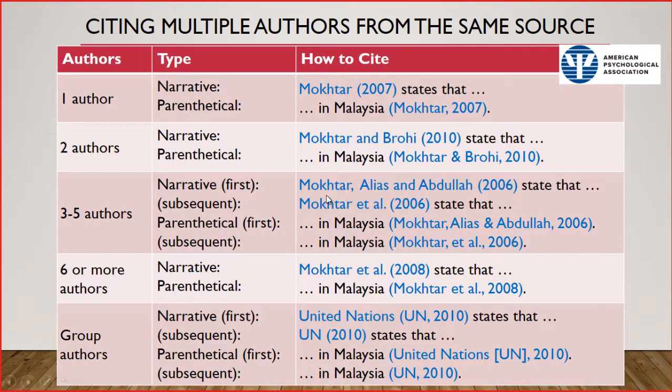Okay, now, that is the first time, the first occurrence when you use it in your article. But if you have used that one, and suddenly in a later paragraph you want to use the same article again in a different part of your writing, you do not have to list again, but you use Mohta, take the first author, et al. Now et al. in Latin means "and others".